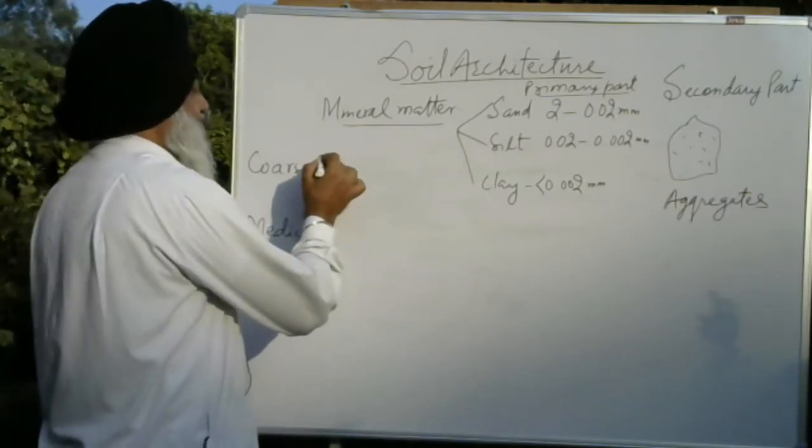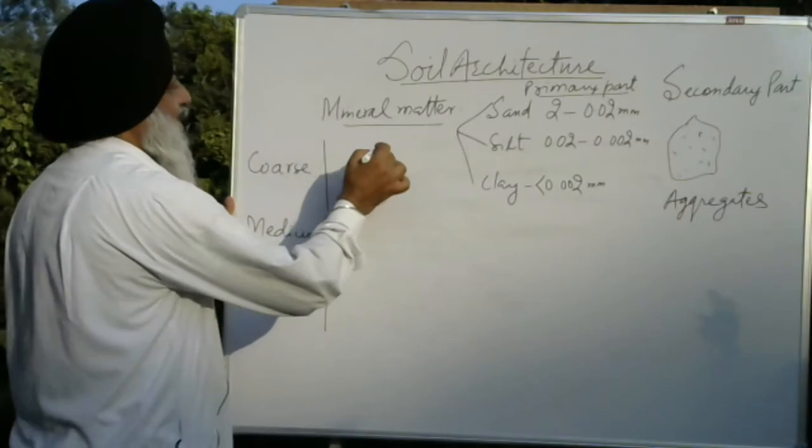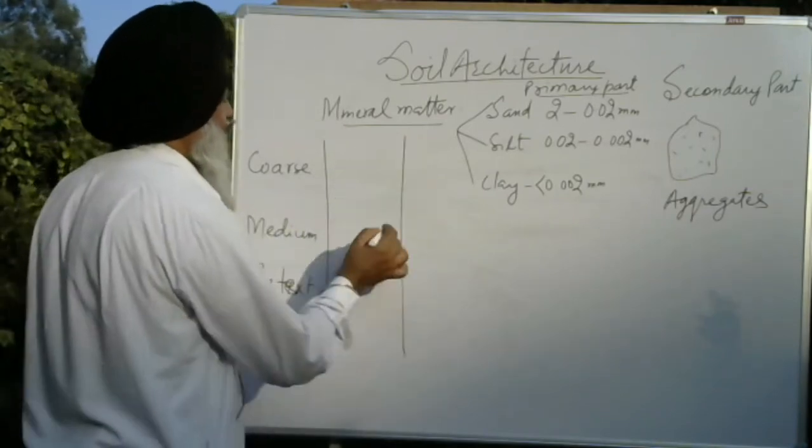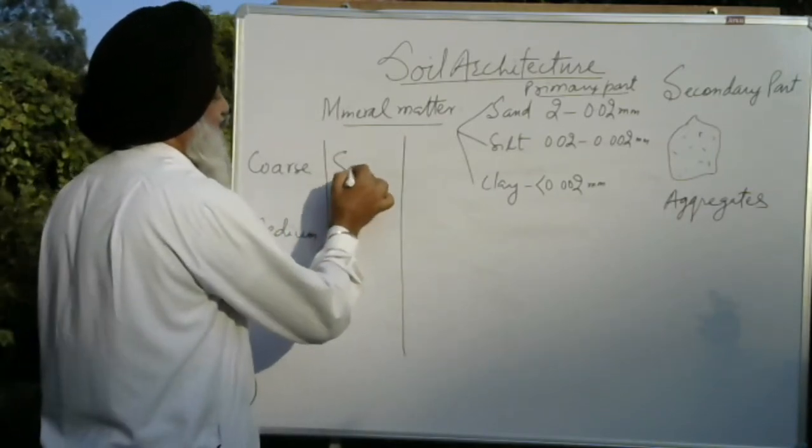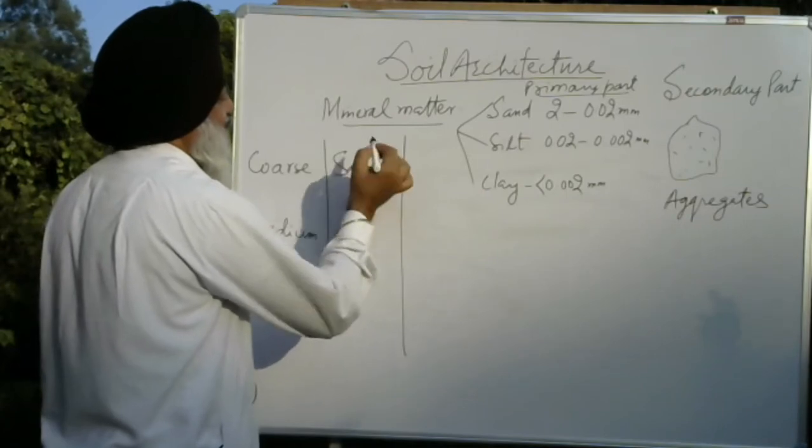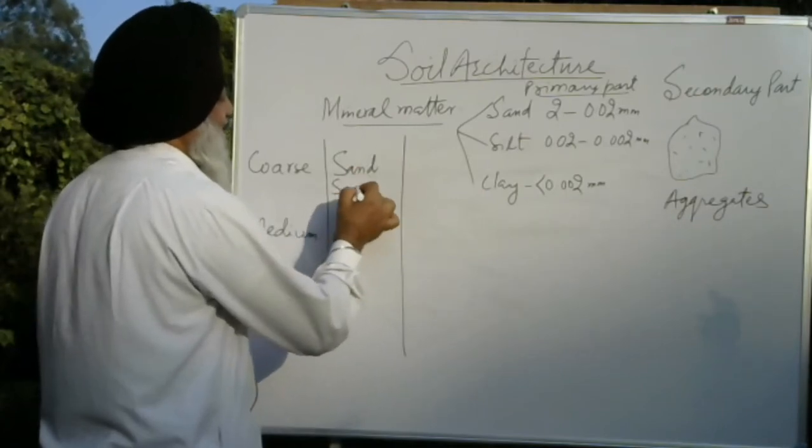In coarse, the next broad classification can be sand and sandy.